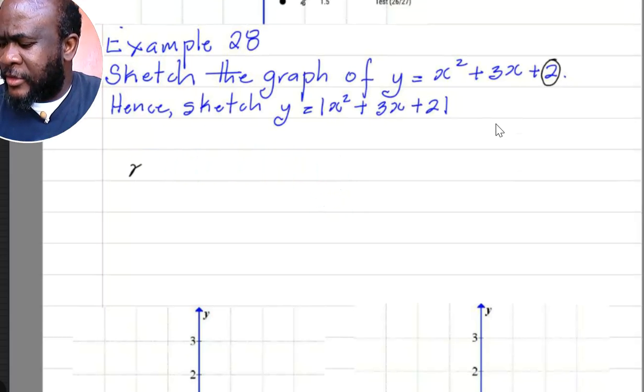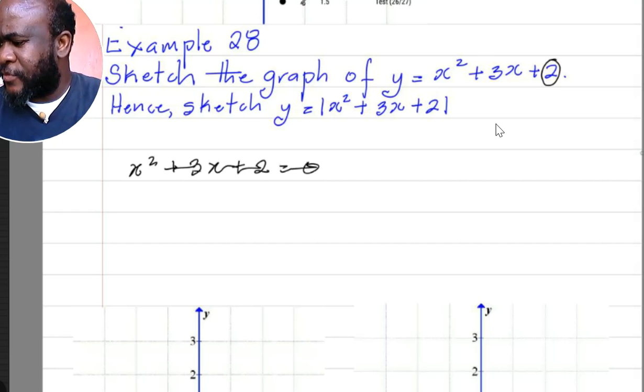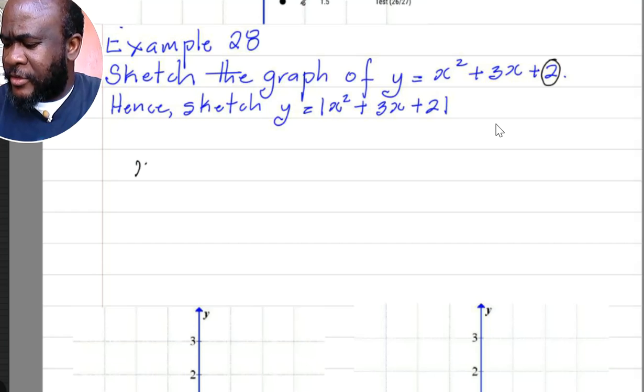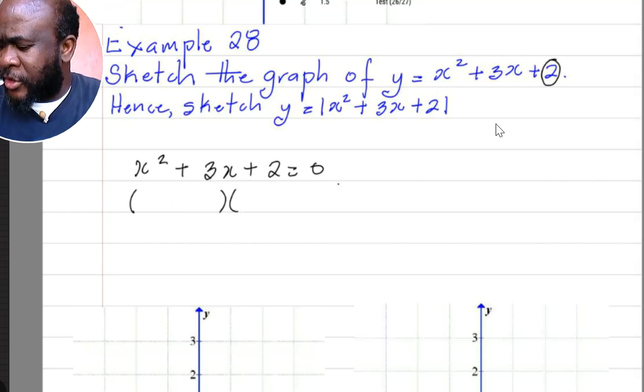All right, so that is x squared plus 3x plus 2 is equal to 0. It's working now. All right, let's factorize. I'm factorizing by trial and error. You could use the ABC method if you want.